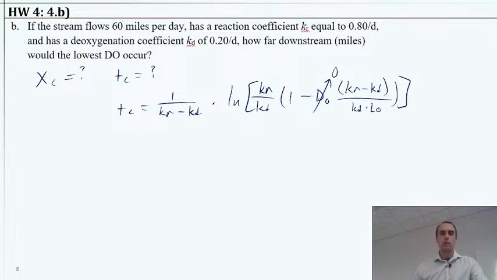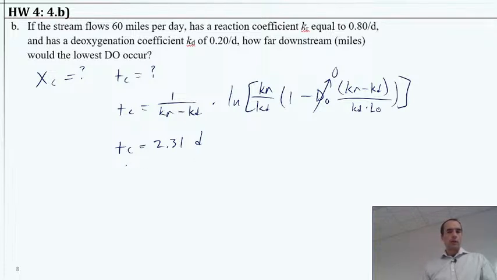Since this is 0, our calculations become a little bit simpler, and TC here comes out to be 2.31 days. Everything that we're feeding into this, I think, is already in days, so that works out nicely, the per day units for the rate constants.